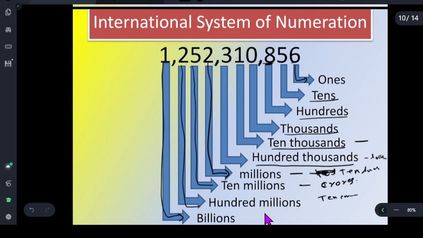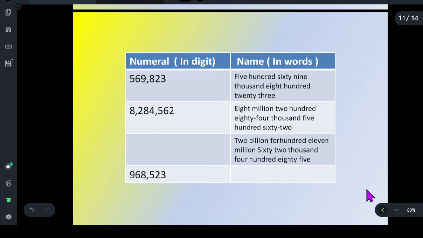It is also equal, but it is not in your syllabus, so we will let it go. Then you have to represent numbers by the international system. How you have to write, you will see. Here you can see the numbers are the same but written in a different way.